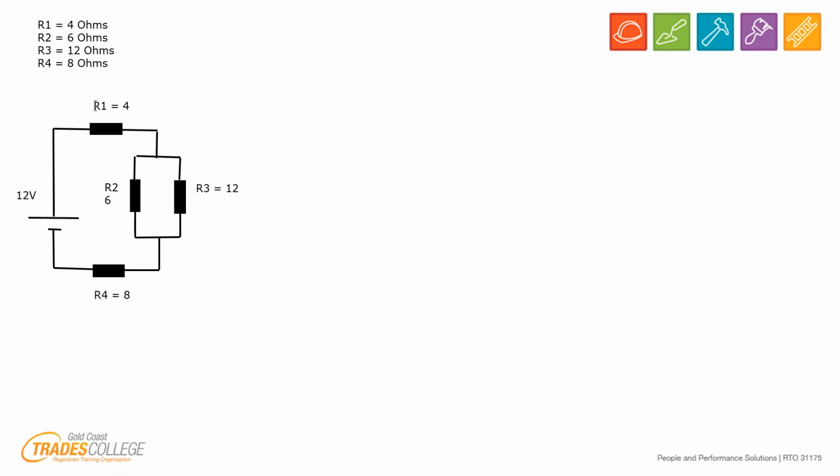I haven't written the word ohms in, because it messes up my diagram. I haven't got the symbol when I'm typing, so I put the values at the top and then just the numbers on the actual drawing. We've got a 12-volt battery, which is supplying R1, which is 4 ohms, R2, which is 6, R3, which is 12, and R4, which is 8.